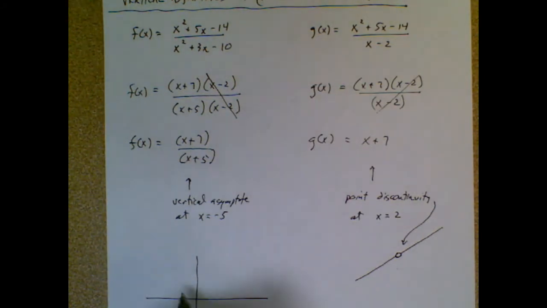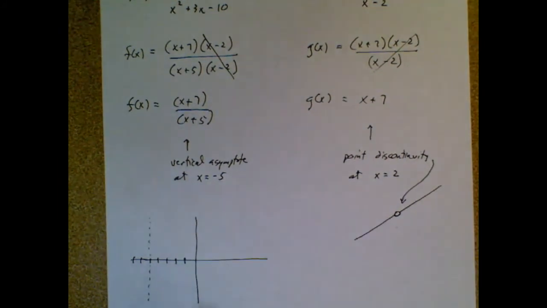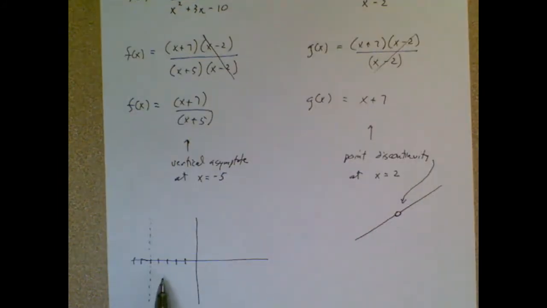So in this case, if I were to go over here to x equals -5, I know I'm going to have a vertical asymptote at x equals -5.